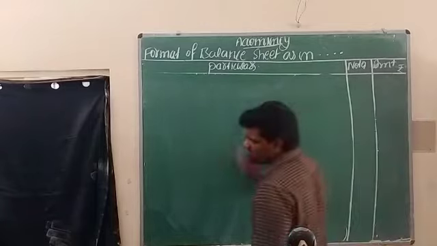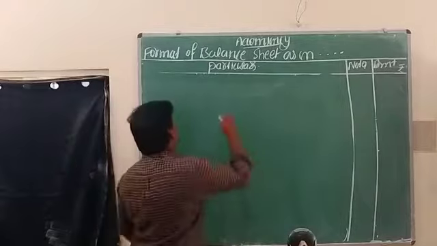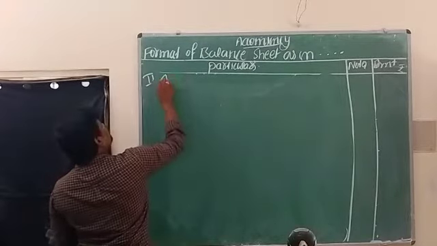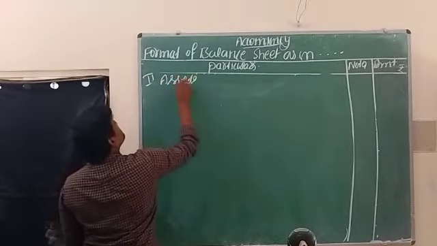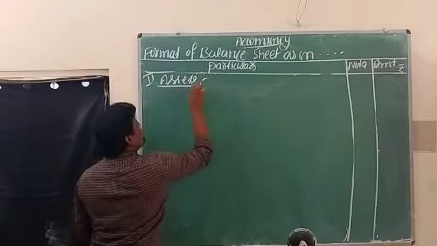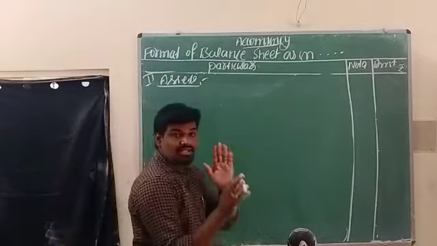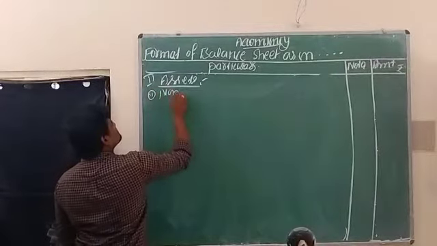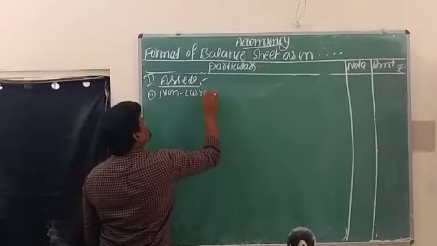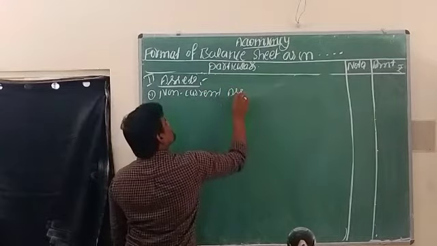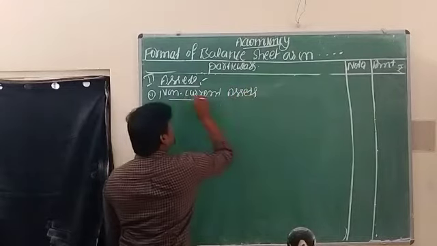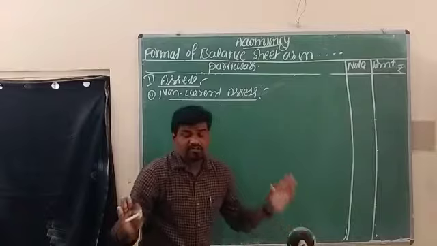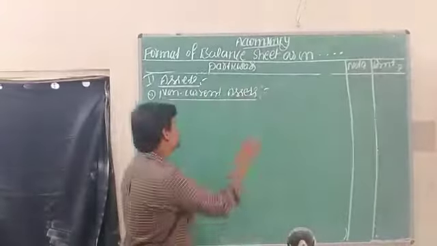So here the assets can be broadly classified into two categories. One is non-current assets. Under the non-current assets, we can record different types of transactions. The first one, fixed assets.